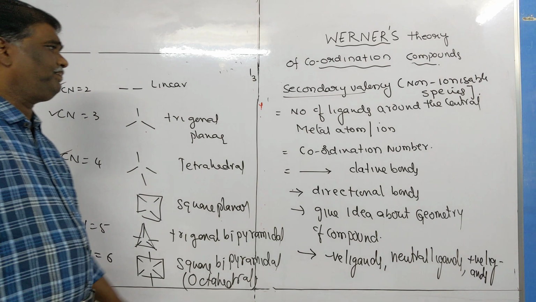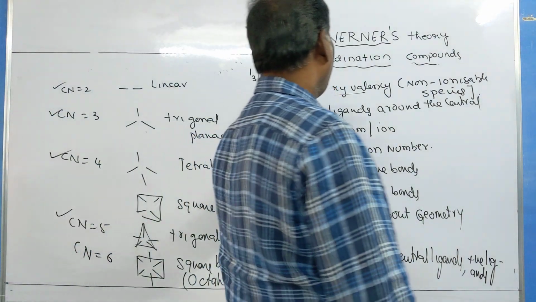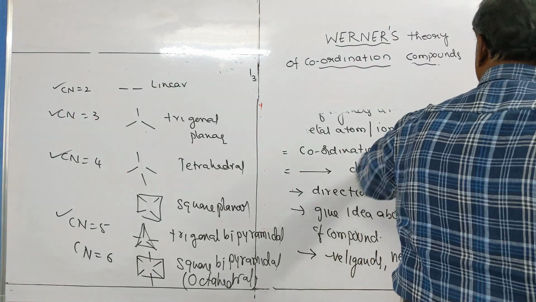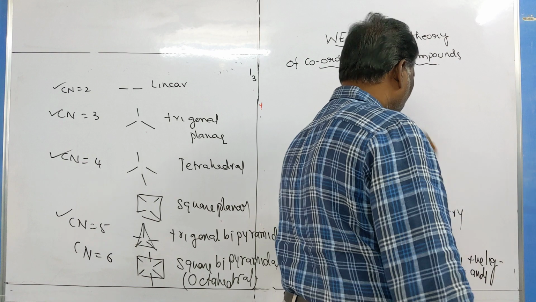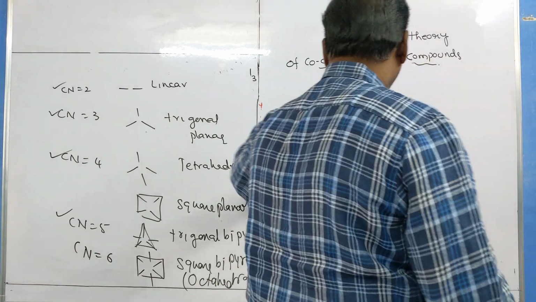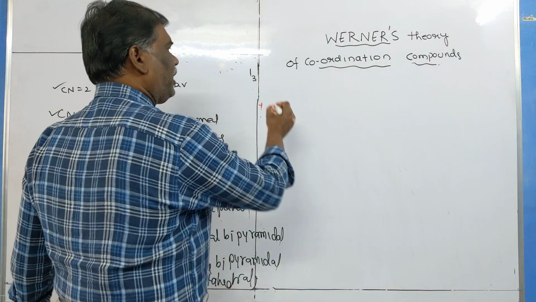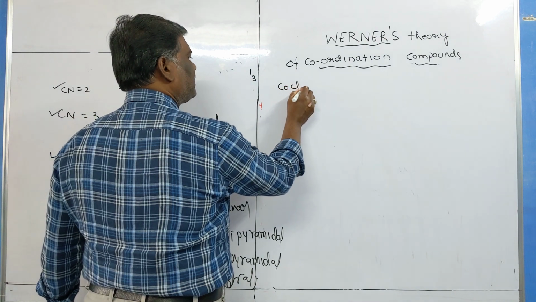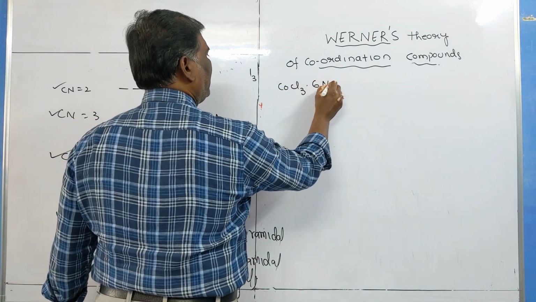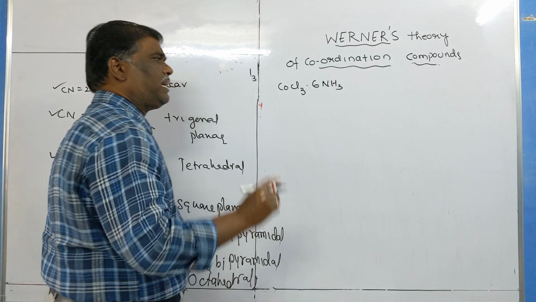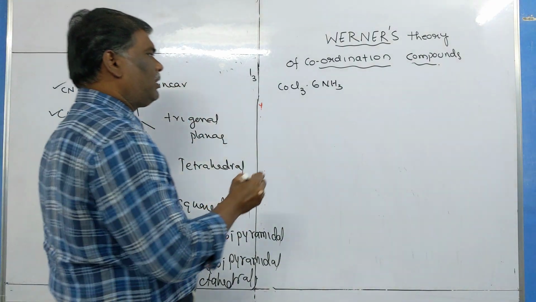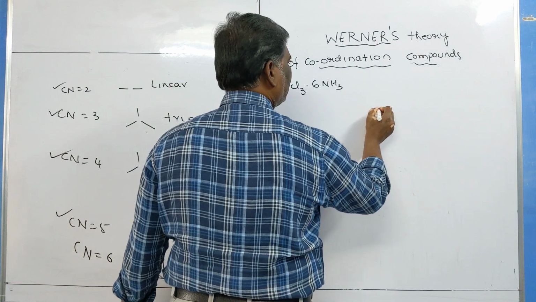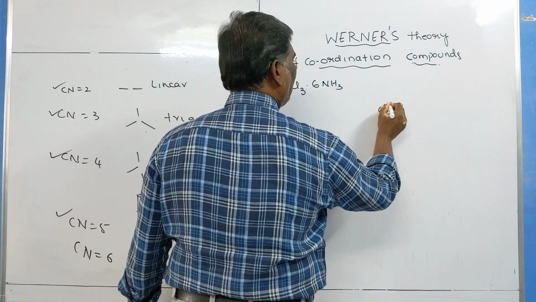Okay. The next one is, now we are going to explain some more complex compounds with the same formula. Now we are taking CoCl3·6NH3. Here cobalt is the central metal atom.